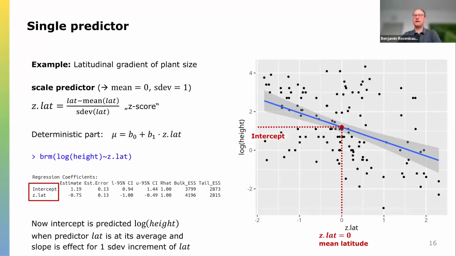And if you have a standardized predictor and also a standardized response, then you expect your slope to be not too far away from 0, and it is very improbable that you have a slope of 5. This narrows down the values that make sense for the slope.